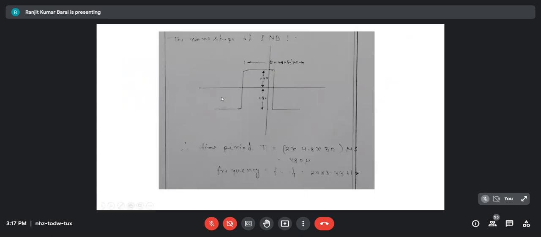Now, one task is given in the instruction sheet that you need to characterize the clock pulse. It's very easy, just by connecting the clock pulse to the input of the oscilloscope. It is a separate run.